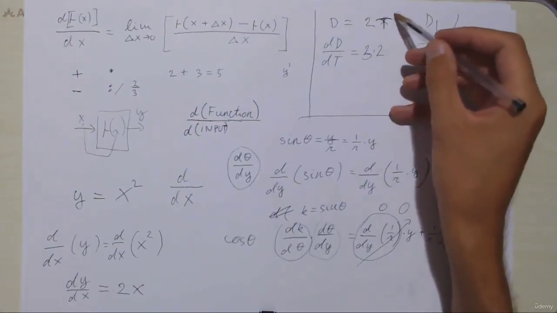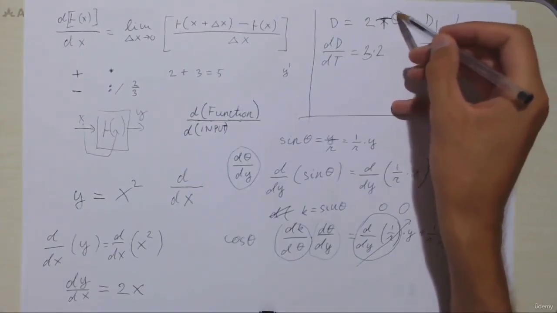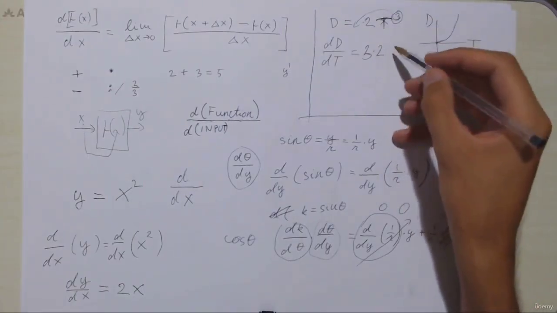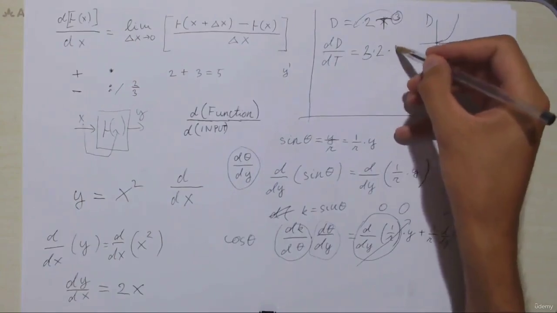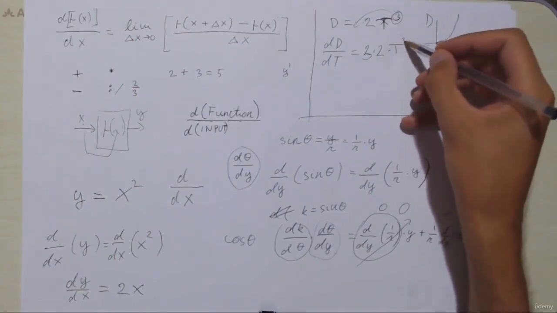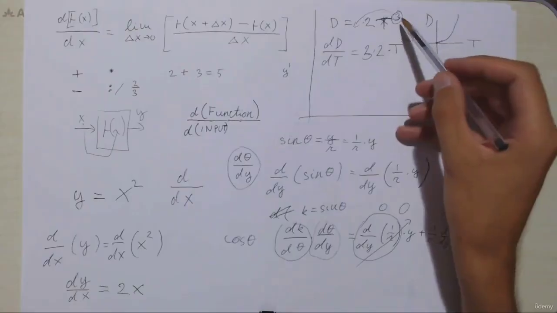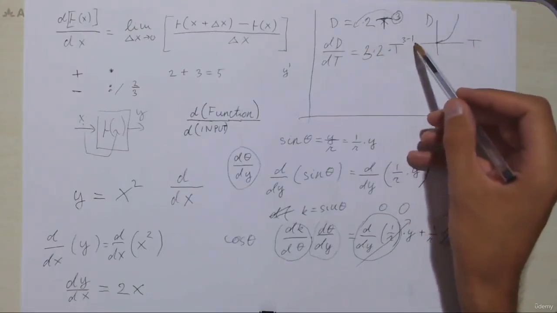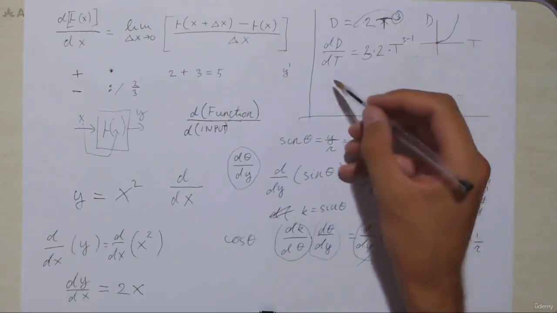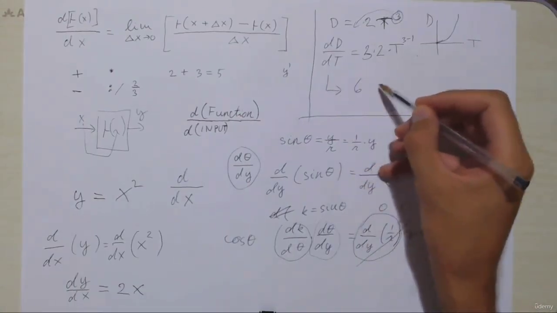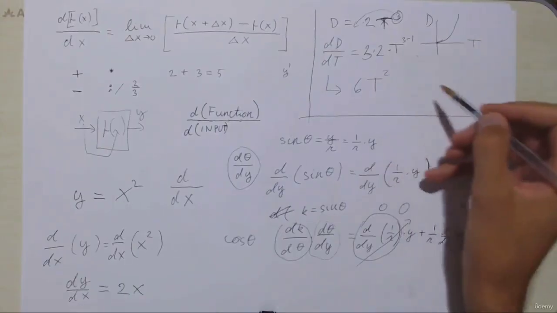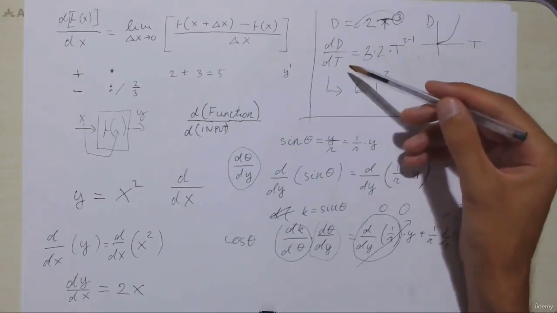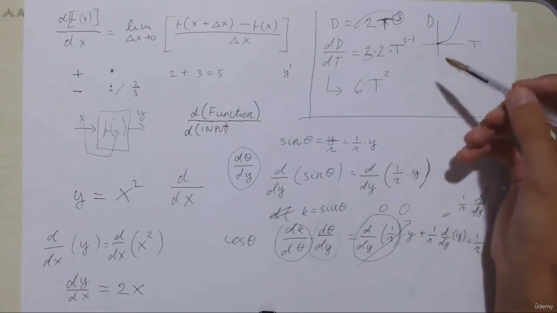A power rule means that this 3 or any other power goes here. And then you have 3 times 2 times t, and then here it would be 3 minus 1. So it's always, you take the power, you put it in front of whatever you have here, and then you subtract 1 here. And then you would get 6t squared. Now 6t squared, that's the change of distance with respect to time, right? Which is speed.